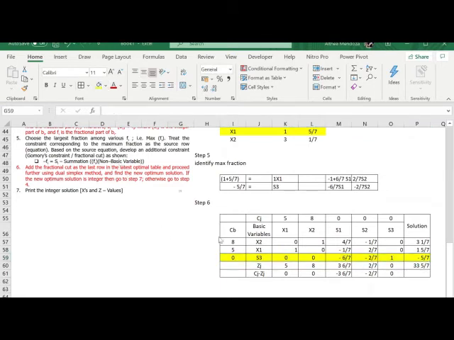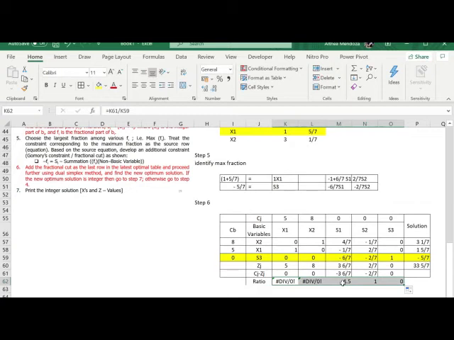Next, identify naman natin yung entering variable. Pabaliktad ulit, sa taas naman. Pa-vertical na tingin. Kunin natin yung ratios nila. Ang pagkuha ng ratio ay CJ minus ZJ divided by the pivot row. Huwag niyo na isama yung mga 0.